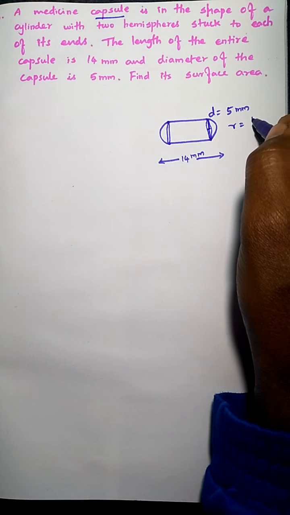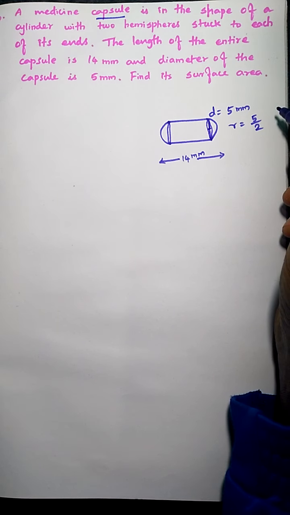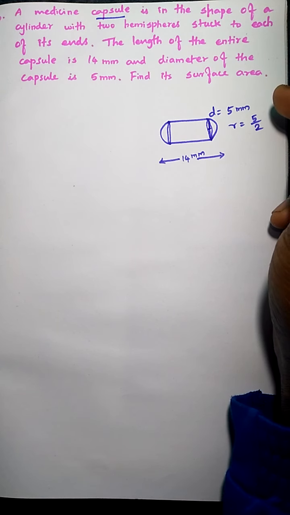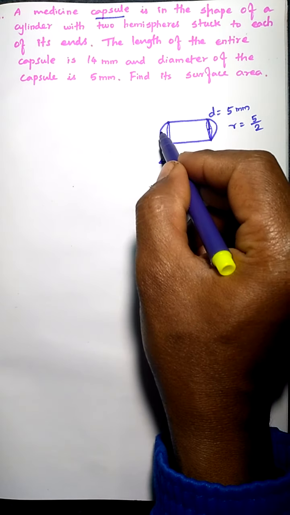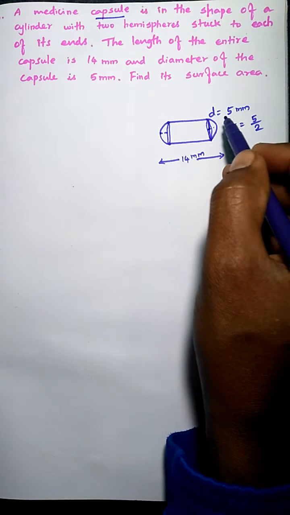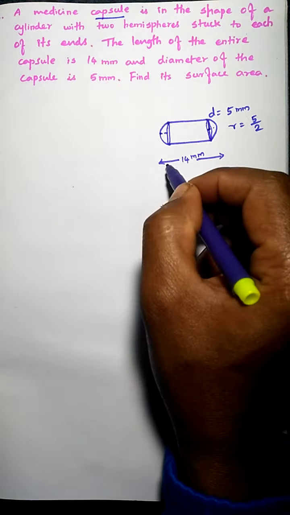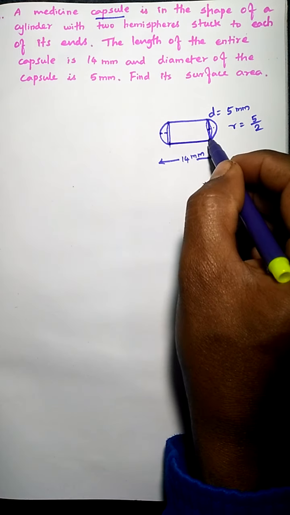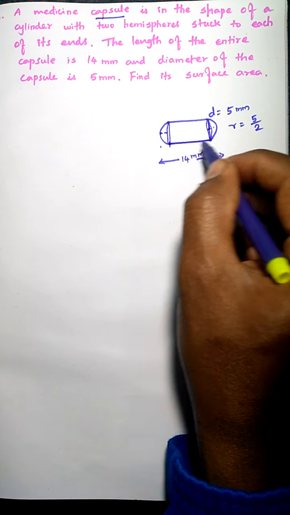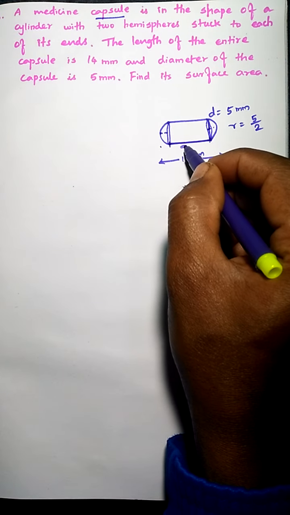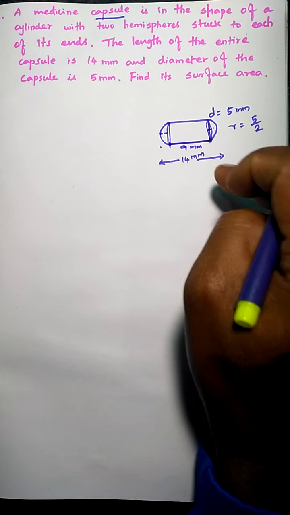The radius will be 5 by 2, which is 2.5, or if you are applying it in the form of a fraction also fine, no problem. Now see here, each side we have a radius. The height of the hemisphere is equal to the radius. If the total is 14, then what will be this length? From here 2.5, here 2.5, if you subtract, the height of the cylinder will become 9 millimeter. Hope that you understand this diagram.